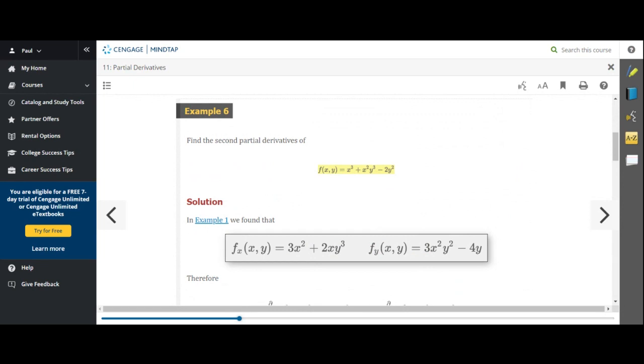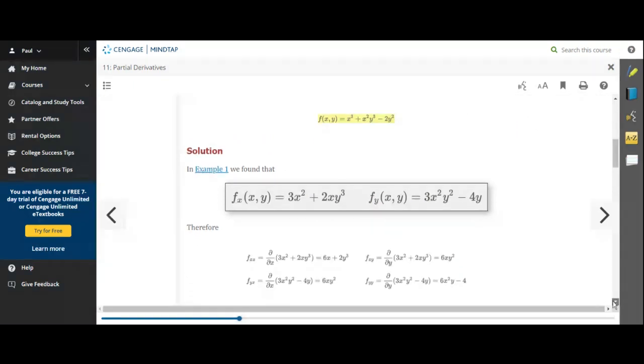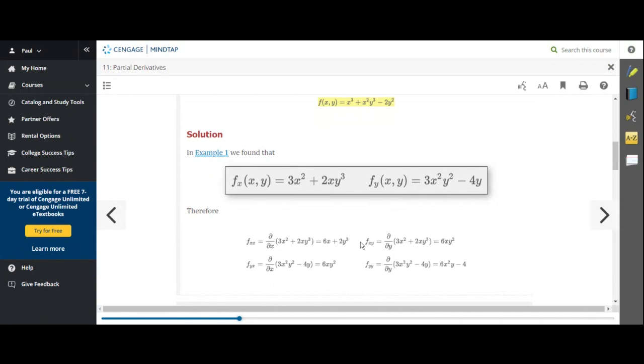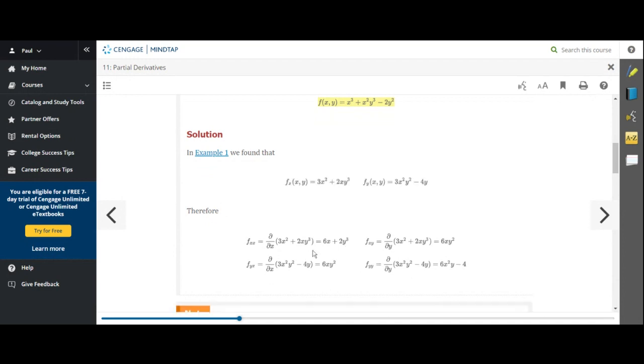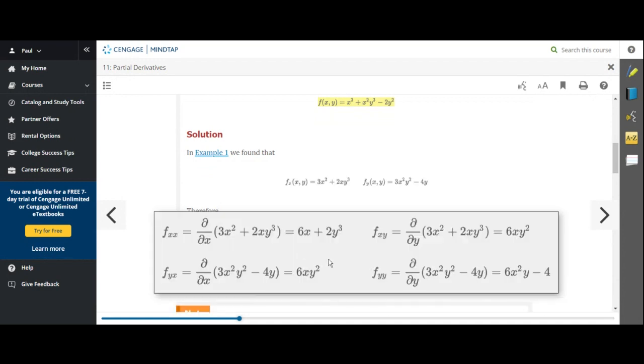Okay, these are going to be all your second partial derivatives.